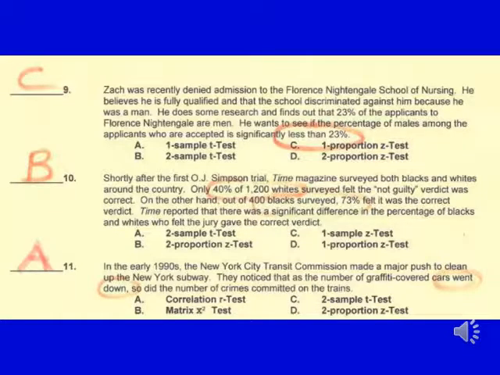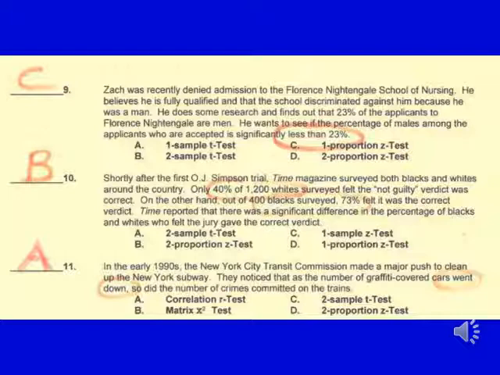Both number 9 and number 10 have percents in the problem. And that kind of tells me that both of those are probably going to involve proportion. So you can get rid of the others and focus in on the ones that are proportion. The difference between these two is that on number 9, we're looking at 23%, and we're trying to see if what we actually have is less than that number.